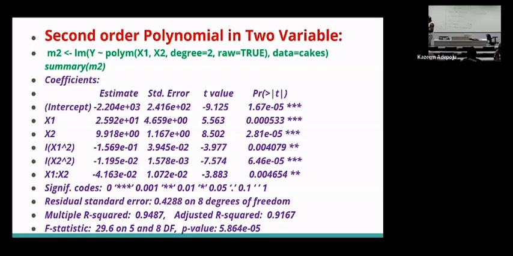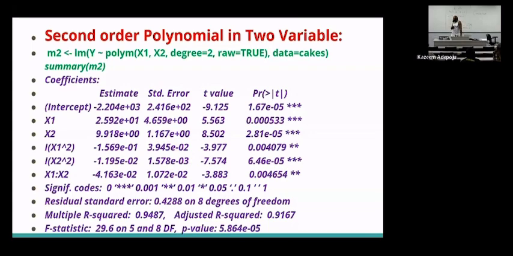Now, when you take a look at this, we look at the linear effects of each variable, we look at the quadratic effect, and we also look at the interaction. When you look at the p-value, all of them are significant. When they are all significant, it means they should be included in the model.